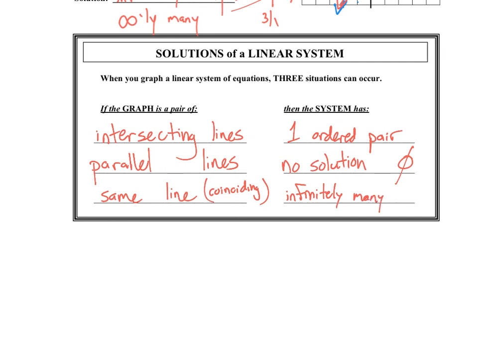Because they cross all the time. So infinitely many ordered pairs. So we can have one solution, no solution, or infinitely many solutions. All right, and so far we've learned how to solve these systems by graphing.